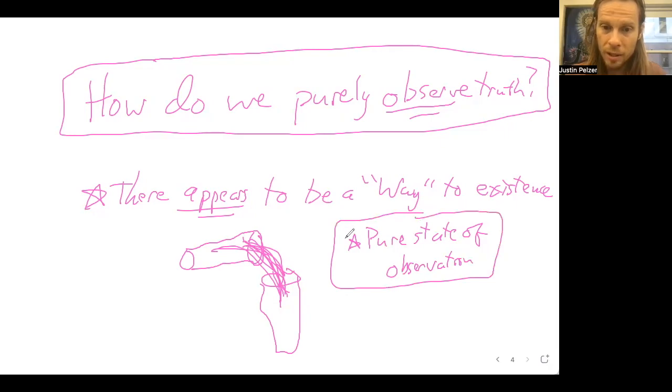Would a pure state of observation, our pure consciousness, oh, here's my little eye. My little eye's like, ooh, that's cool, right? You might notice, this is my consciousness eye.